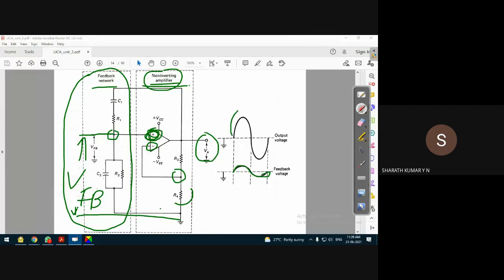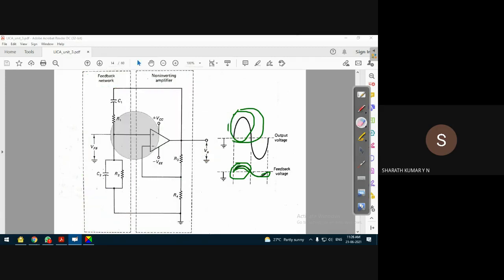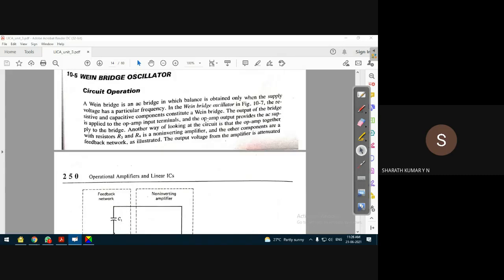For the positive cycle of the feedback network voltage, the output voltage is also positive, because it is a non-inverting amplifier. That's all. This is about the circuit component arrangement.